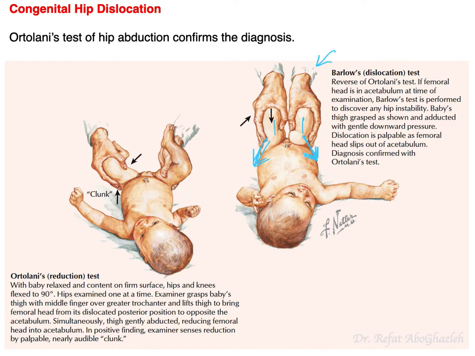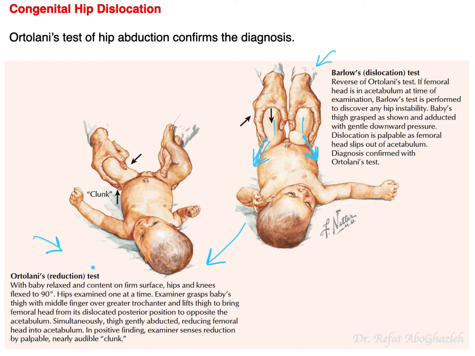Now, in order to confirm that the hip joint is dislocated, you have to do another test, which is the reduction test. It's opposite to Barlow's test. It's called the Ortolani test or reduction test.